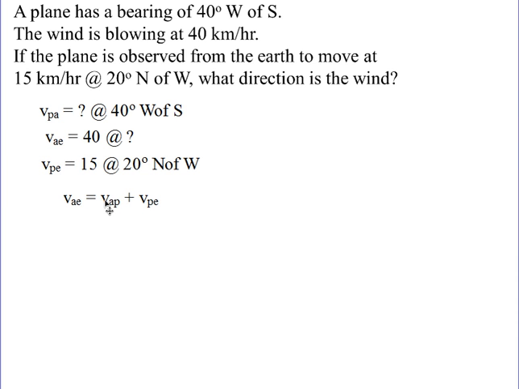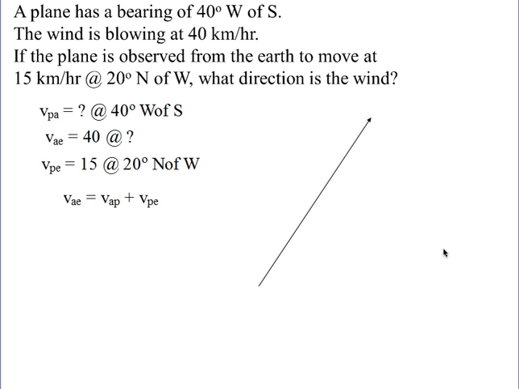It says take the velocity of A relative to P. Here I've got P relative to A. So A relative to P is going to be going south. No, it's going to be going east of north, exactly the opposite direction to P to A. Because the subscripts got inverted, this is going to be 40 degrees east of north. So I'll draw that vector.